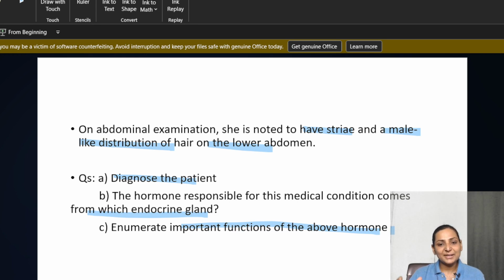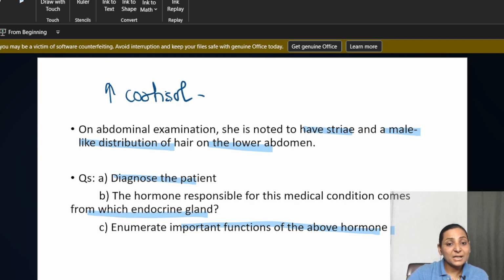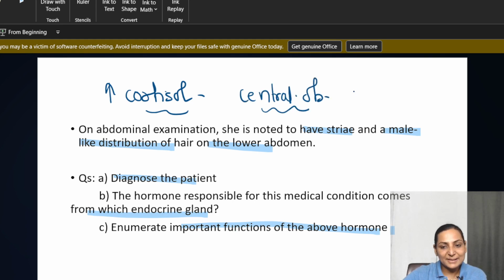So these are very significant and very condition that take you towards an excess of cortisol, especially when there is a central obesity, right? When there is a central obesity and there is hirsutism. So this is very classical.